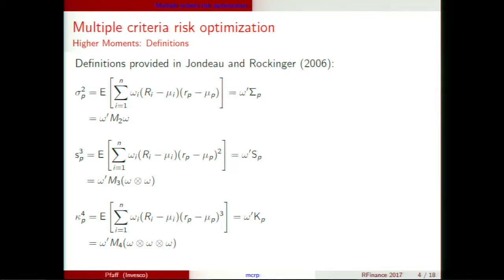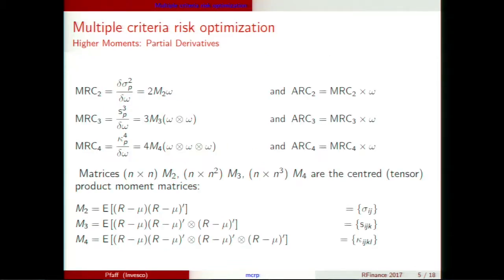So what comes next is, in the portfolio optimization context, you would like to have basically the same marginal risk contribution. So when you do the computation with respect to the first derivatives of these second, third, and fourth moments, you end up with the left column formulas, and then the absolute risk contributions are defined in the column on the right.